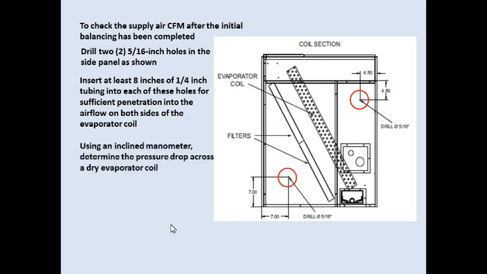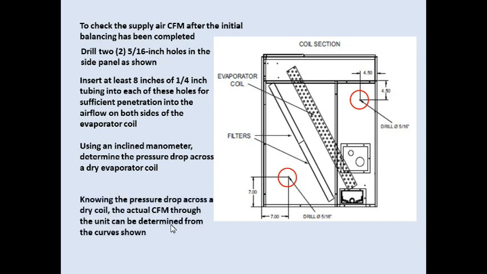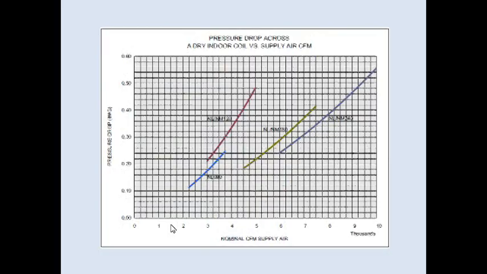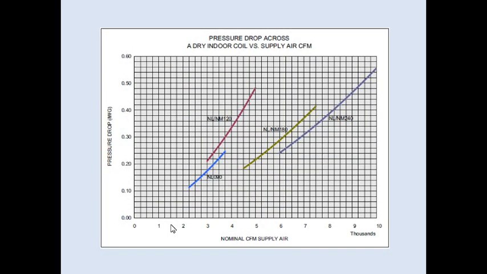We'll hook this up to an inclined manometer to determine what our pressure drop is across that coil. Once we have that pressure drop, we can actually look at the curve in the installation manual to figure what our airflow is. Here's what the chart looks like. In this example, we're going to look at a 180 with a 0.26 pressure drop across the coil.